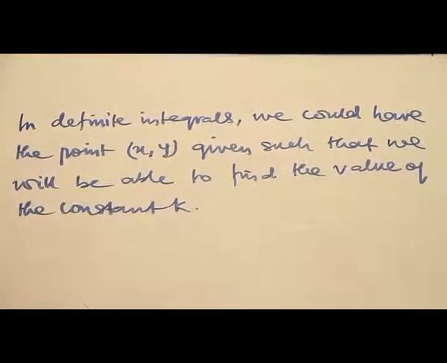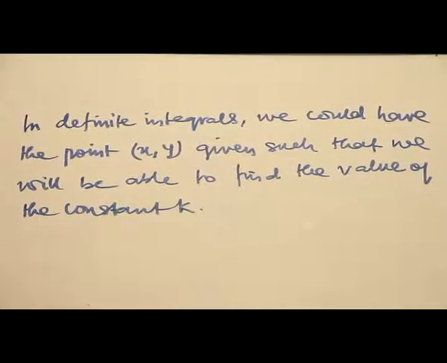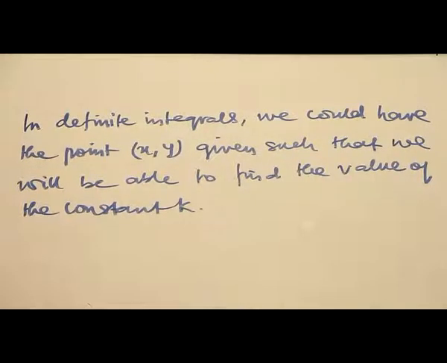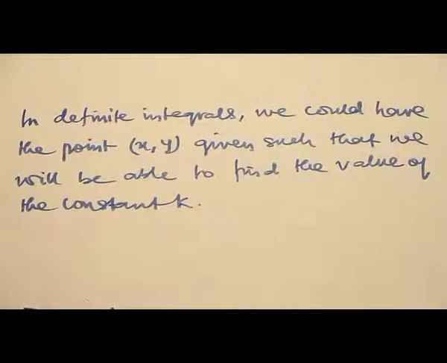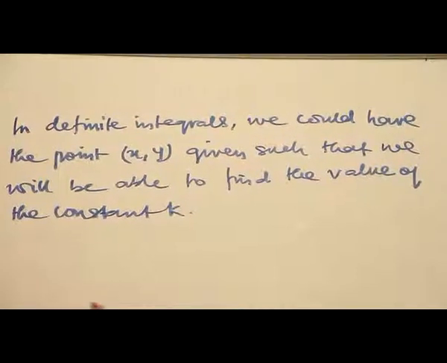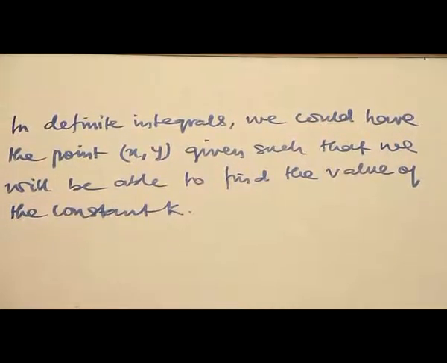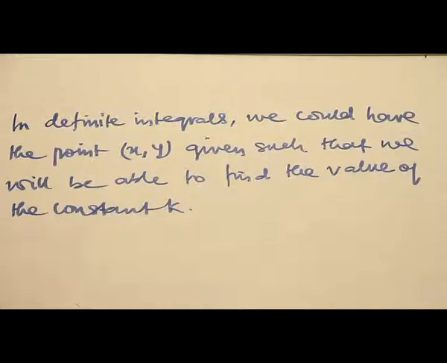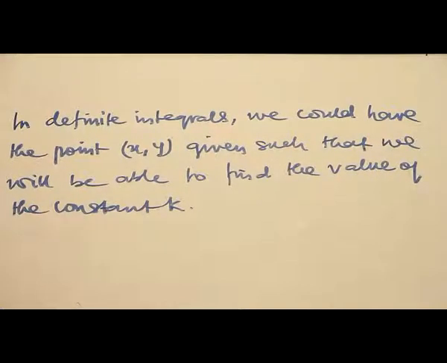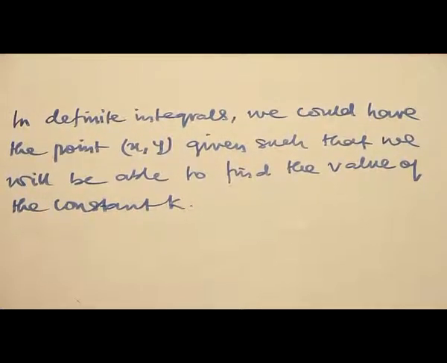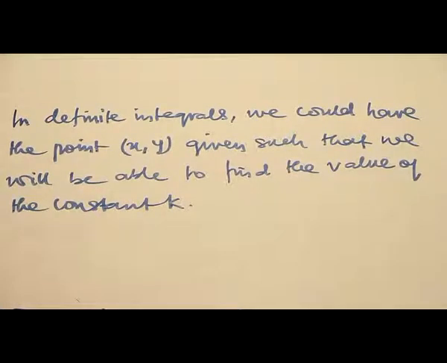You are given the lower limit and the upper limit, you can then find the value of K and factor it out. Another situation is that given the function, you can also be given the point x and y on the coordinate axis, so that when you substitute the values of x and y into that function, you also eliminate the constant K. We shall take a look at an example on this issue.